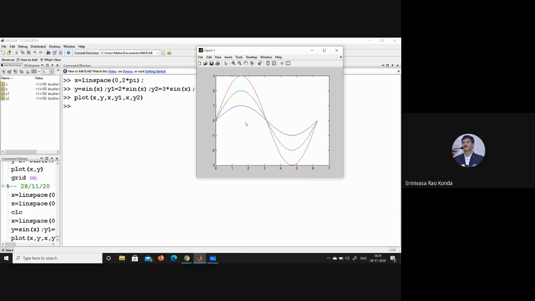For that, there is a command, the legend command. The first data is y is equal to the sin x curve. We just have to double click on this and type sin x curve.